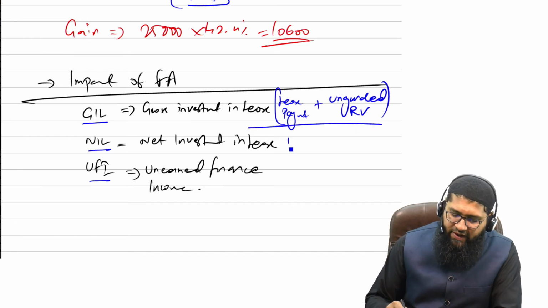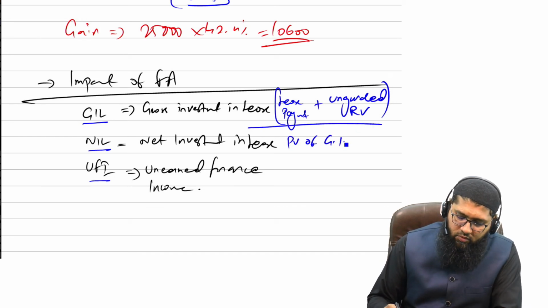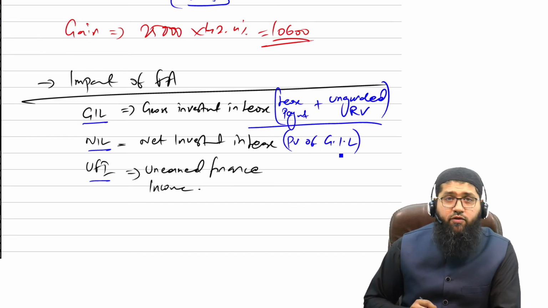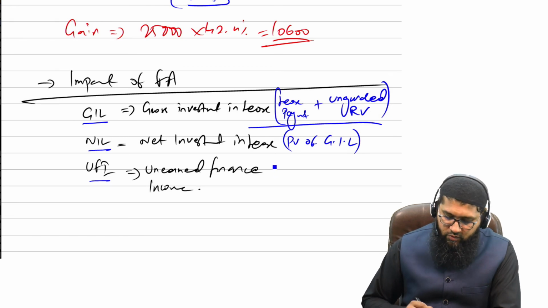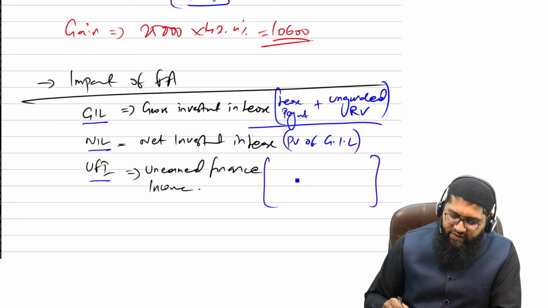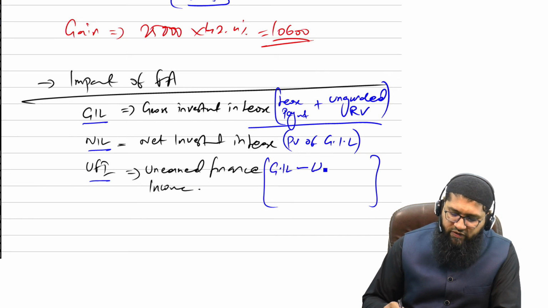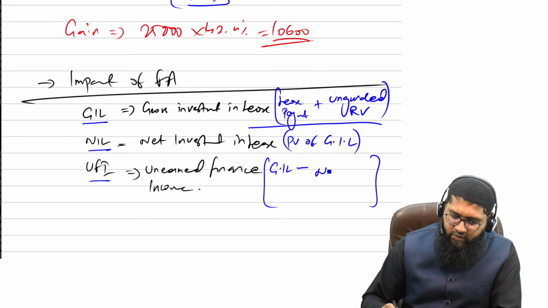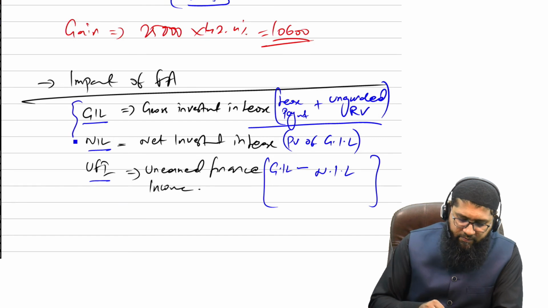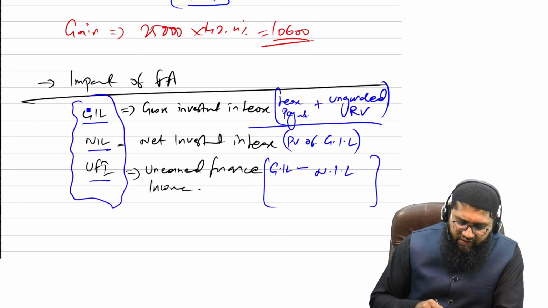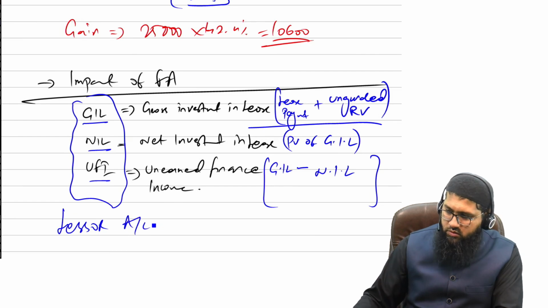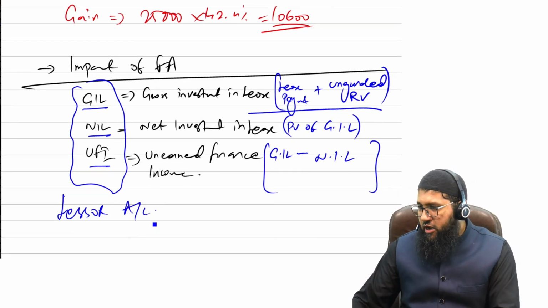Your net investment in the lease is the present value of gross investment in the lease. And your unearned finance income is the gross investment in the lease minus net investment in the lease. These terminologies are used for lessor accounting.